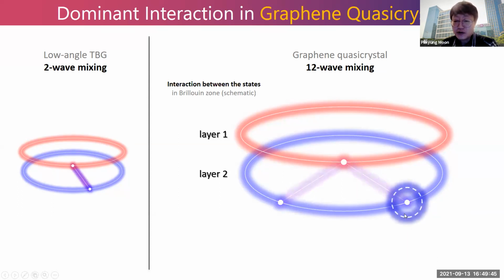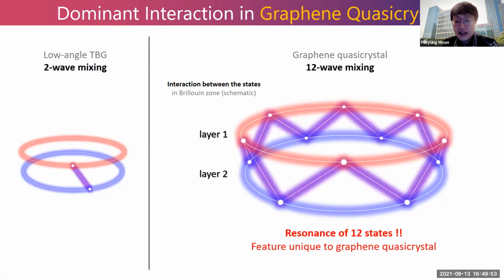And each of these two states also strongly interacts with two states in layer 1. And then finally, these 12 states make a resonance coupling. This is the feature unique to this quasi-crystalline configuration.